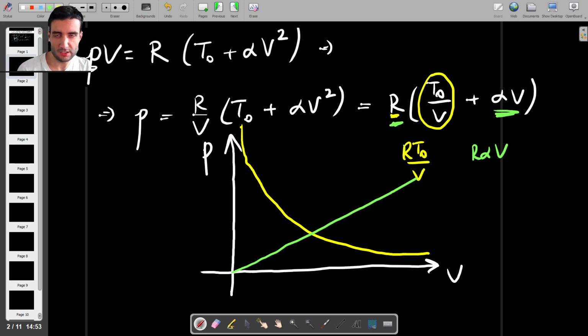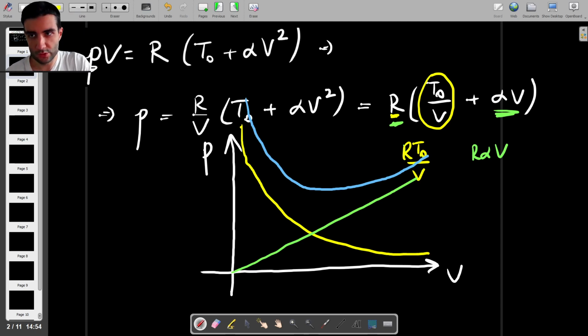And if you add them up, you'll notice that the actual pressure function with respect to volume is going to look like this. So it's going to start close to the yellow line, then it's going to reach a minimum, and then it's going to start approaching the green line. It's going to go asymptotically towards the green line as V approaches infinity.